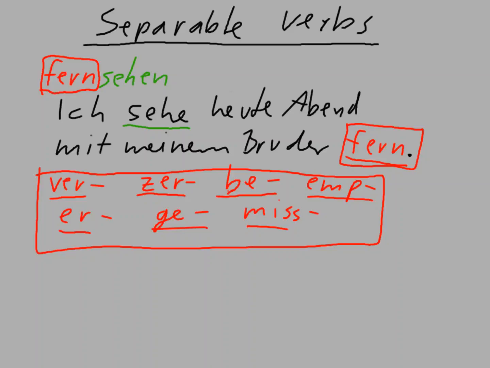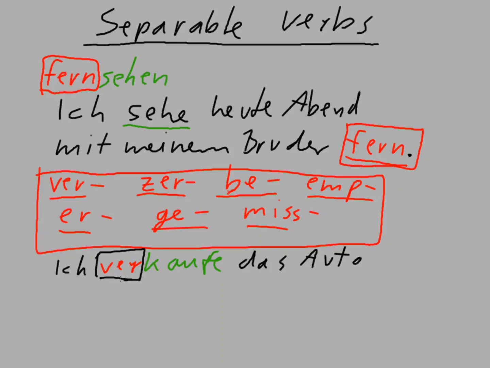So let me give you another example again. Let's use ver. So you would say ich, and then you say verkaufe, I don't know, das Auto. See, so ver is not separable, so it stays right here.